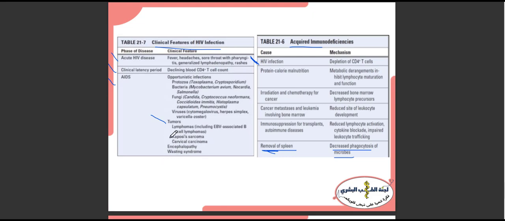And Kaposi sarcoma is actually very important in relating to patients who have acquired immunodeficiency syndrome.